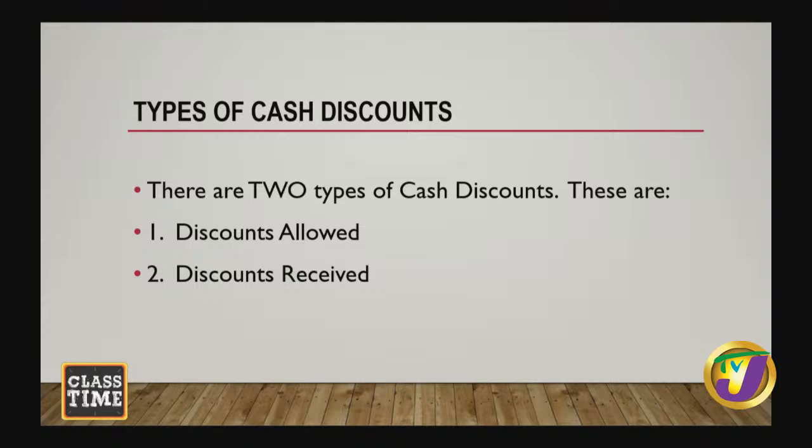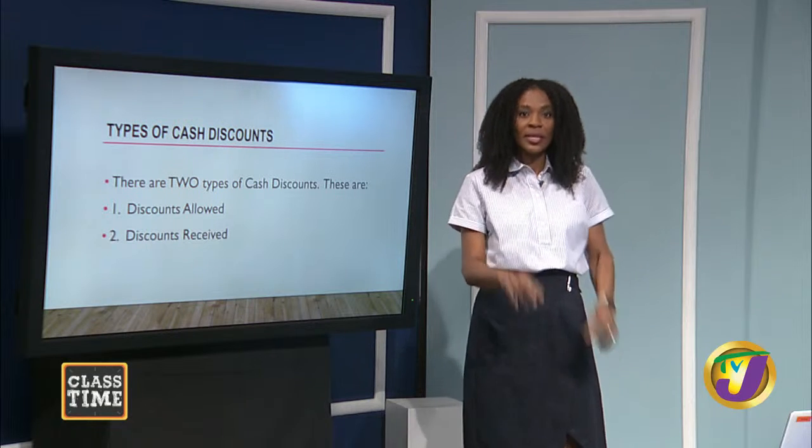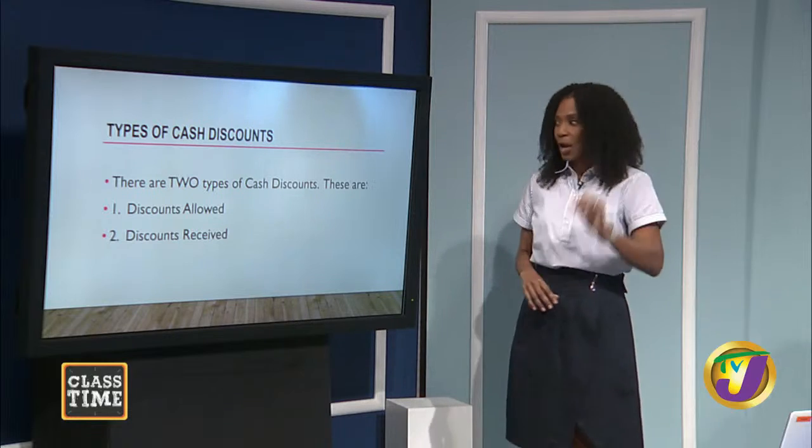There are 2 types of discount, students. Sorry, 2 types of cash discounts. Now, we have discounts allowed, and we also have discounts received. Hold that. Don't let it go. 2 types of cash discounts: discounts allowed, discounts received.